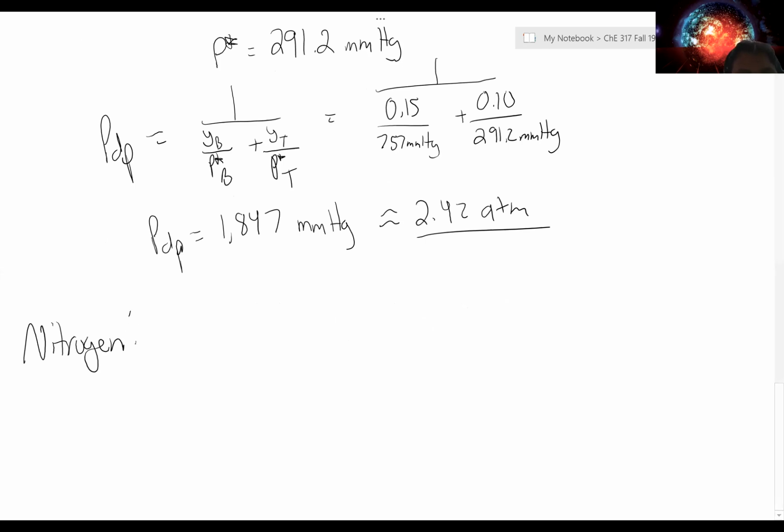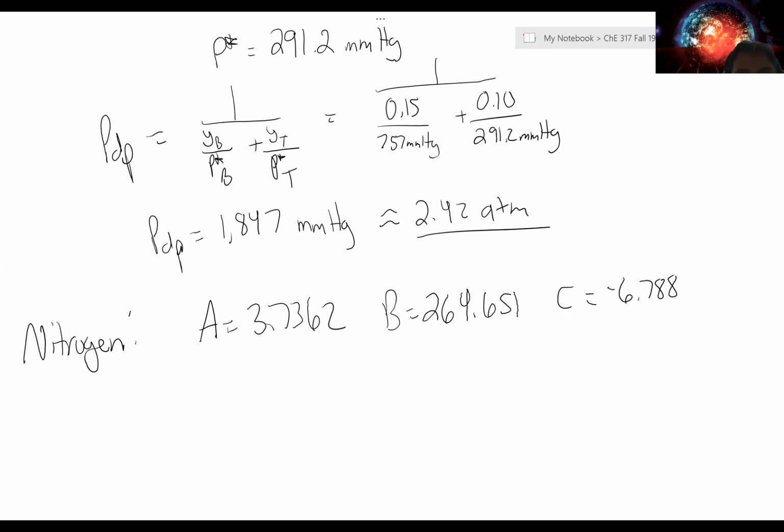I've got constants here: A is 3.7362, B is 264.651, and C I have as negative 6.788.